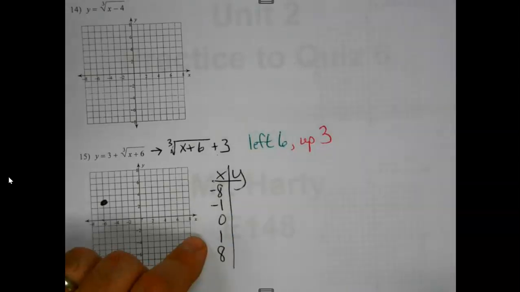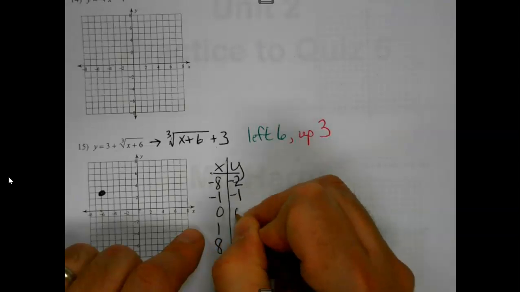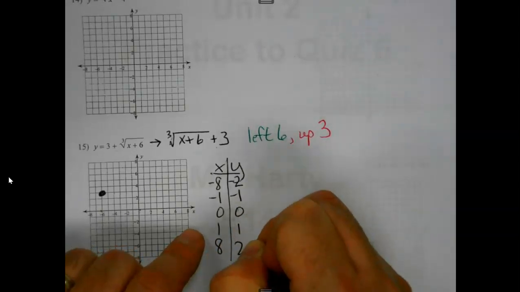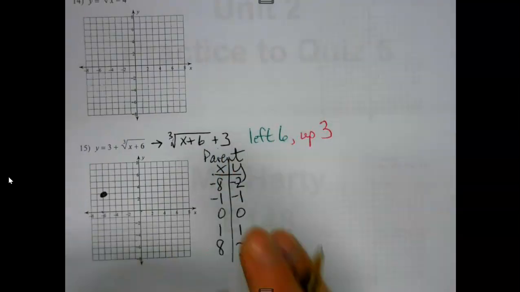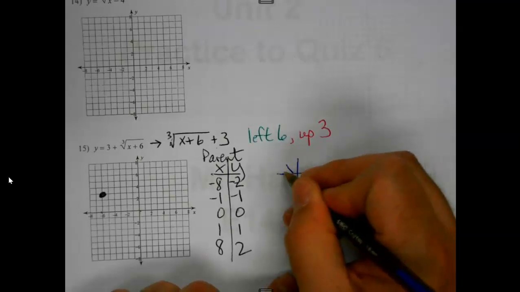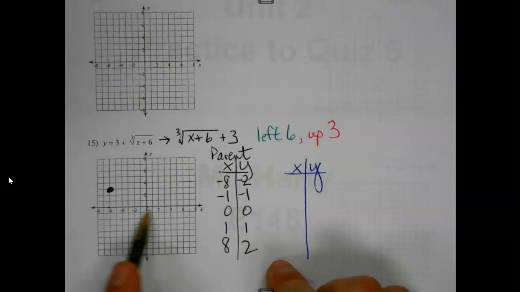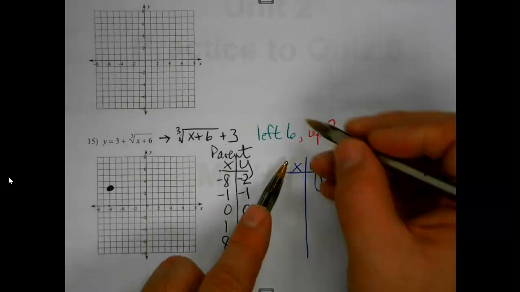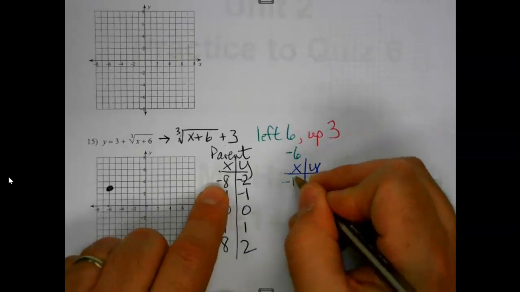If you don't have them, get them from somewhere. Okay, this is my parent graph for cubes. When I go to do my movement, if I'm going this route, left and right happens the same way as the x-axis. So I'd subtract 6 from all my x's.